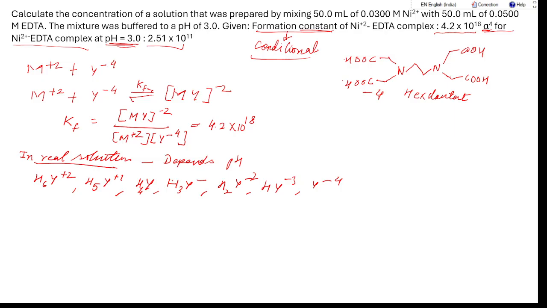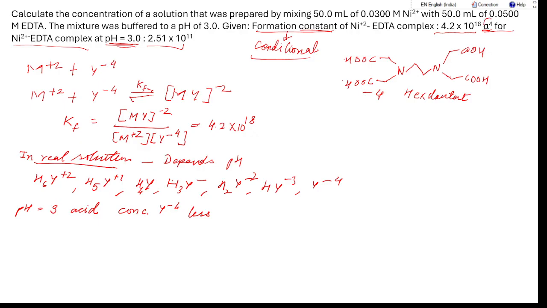Here the pH is 3, which is acidic, and when the pH is acidic, we can say that the concentration of Y^-4 is going to be less. Now that comes the term alpha 4.